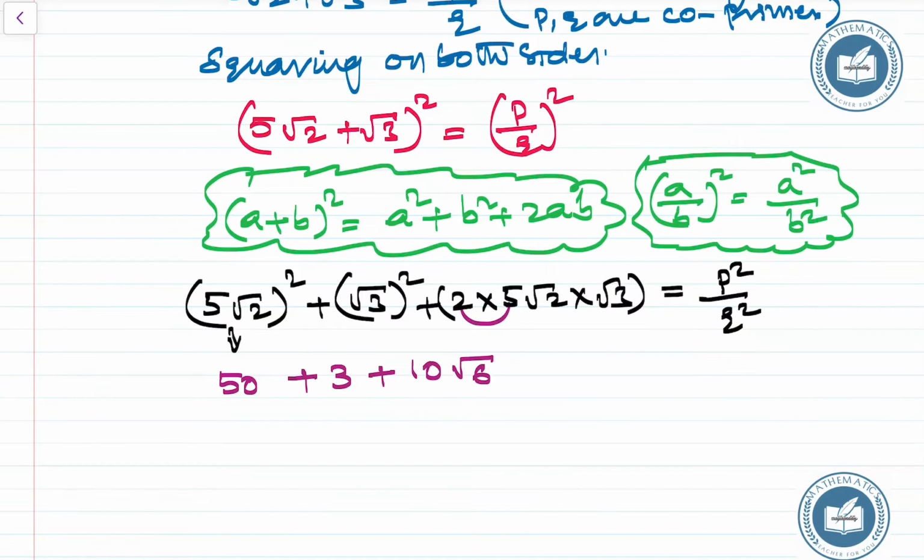Here root a times root b can be written as root ab.